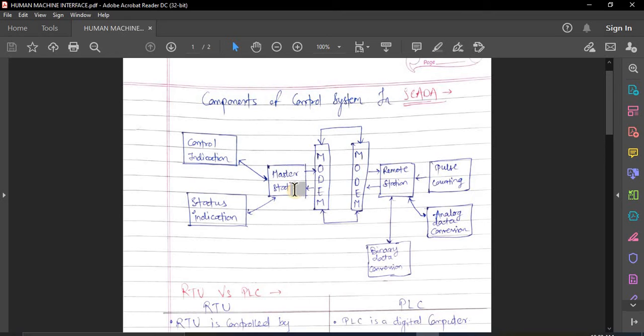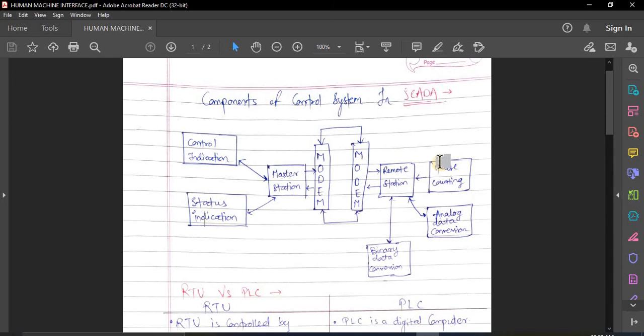So the master station can send the control commands, and it also receives the information from these blocks. You can see here there is also a two-way connection between the modem and the master station. This is the left hand side.